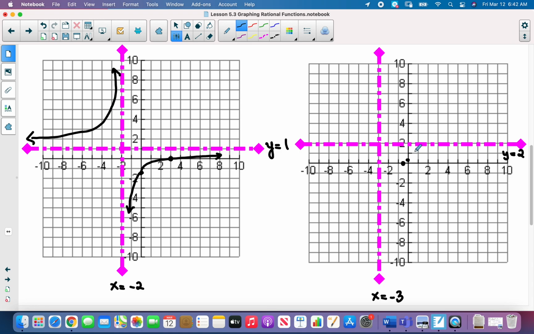The function is positive from -infinity to -3, so it's going to be above the x-axis. So it's going to be like this.